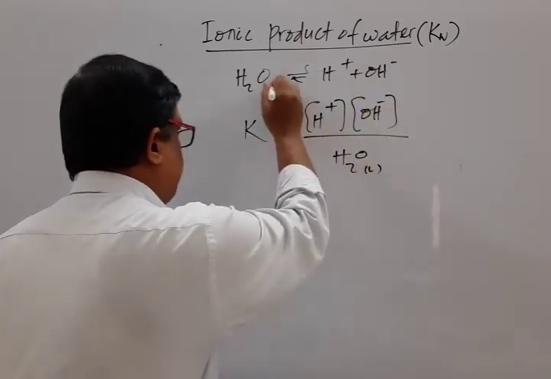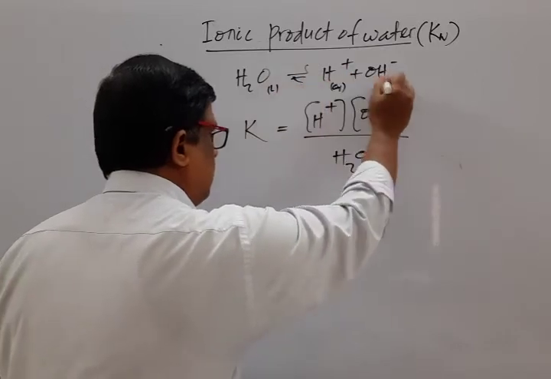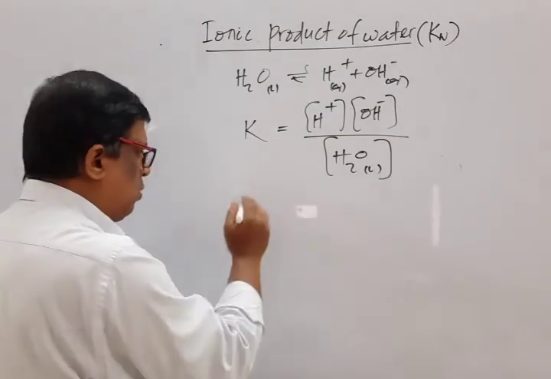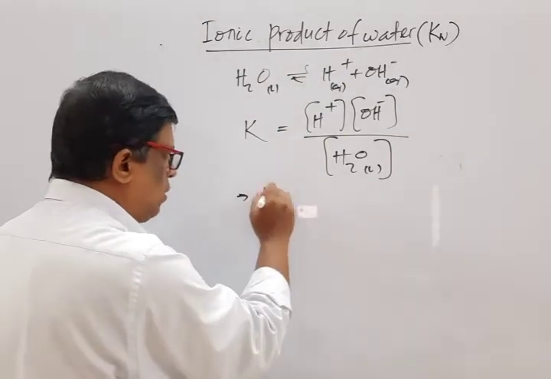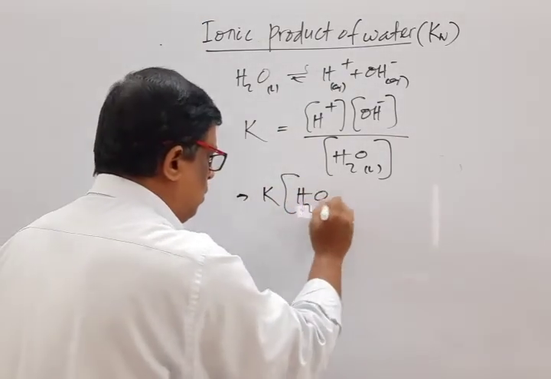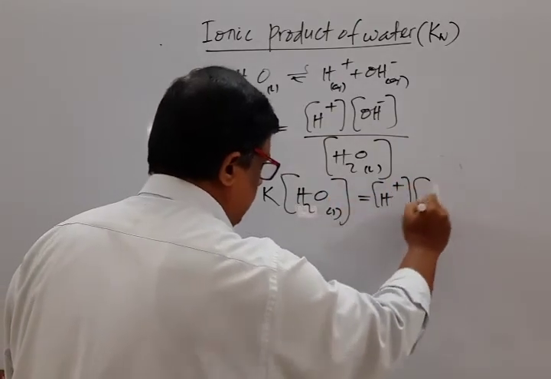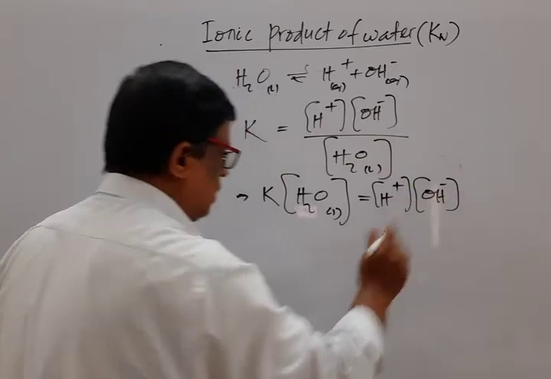H2O is liquid, so its concentration is aqueous. On cross multiplication, K into H2O liquid is equal to H+ ion concentration into OH- ion concentration.